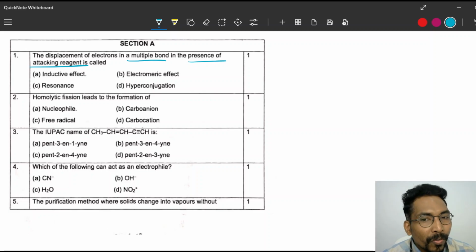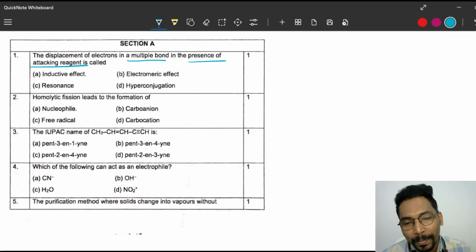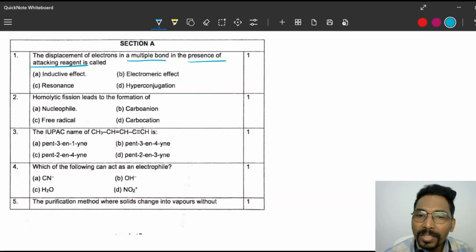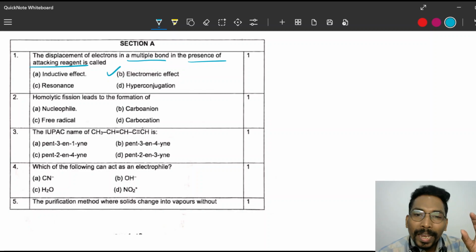I hope all of you know what an attacking reagent is. An attacking reagent can be either a nucleophile or an electrophile, which comes to attack or join a particular hydrocarbon or organic compound. So which is that effect? That is the electromeric effect. Electromeric effect only occurs in the presence of an attacking reagent.